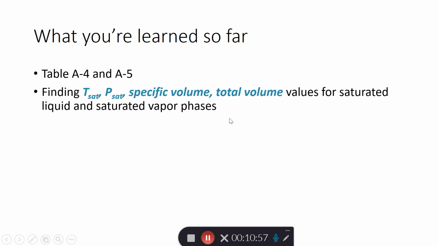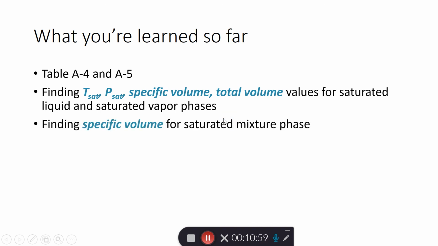And next, you have also learned how to find the specific volume for the saturated mixture phase. Related to that, you have also learned about the quality when you have a mixture, which is x. In the next video, we are going to cover the two phases which we have not covered yet, which are superheated vapor and compressed liquid.